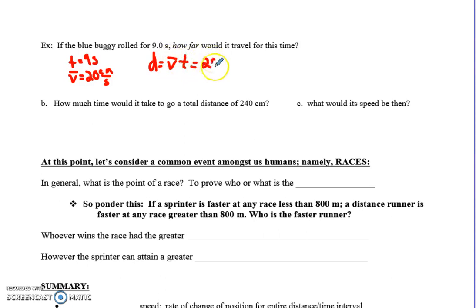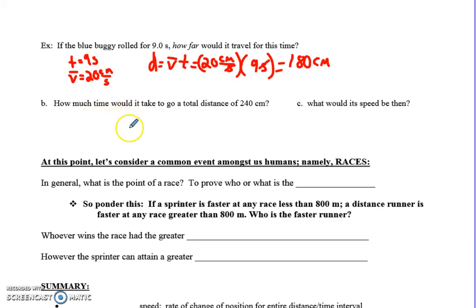So we get 20 centimeters per second times 9 seconds. So that is 9 times 20, we get 180. Okay, now unit-wise, we get a centimeter per second times a second. What we see is actually the seconds cancel out, and we're left with just a unit of centimeters, which is a good thing. Distances are measured in centimeters.